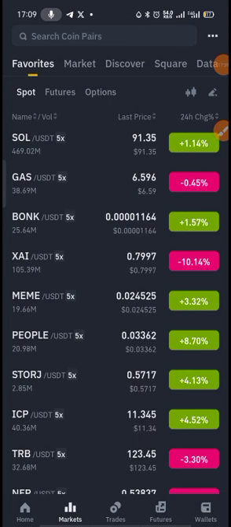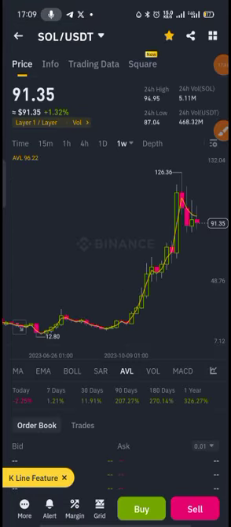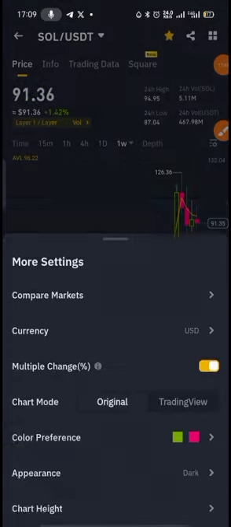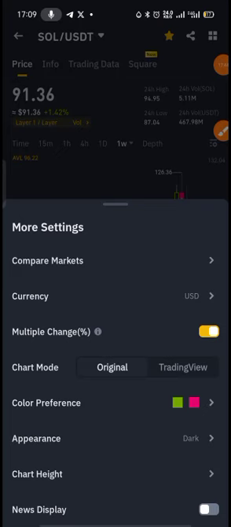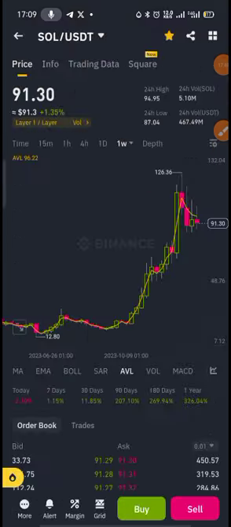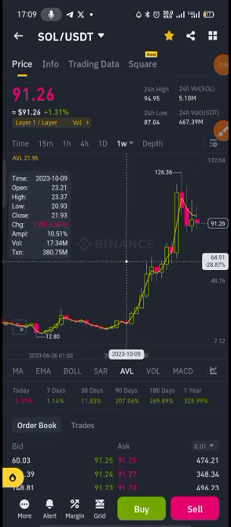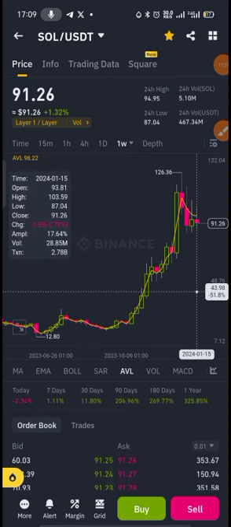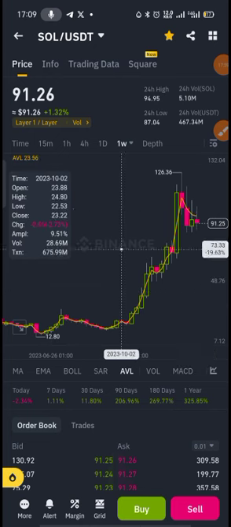Instead of seeing those nairas, we are seeing dollars now. So that is that. Then what else again? Another one in more: multiple changes. To see changes in percentage as the market keeps going. If you check beside it, you see minus 2 point something, minus 5.18%. Those are the multiple changes in percentage you get.